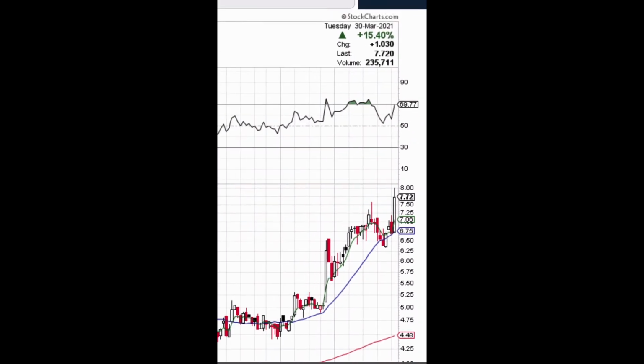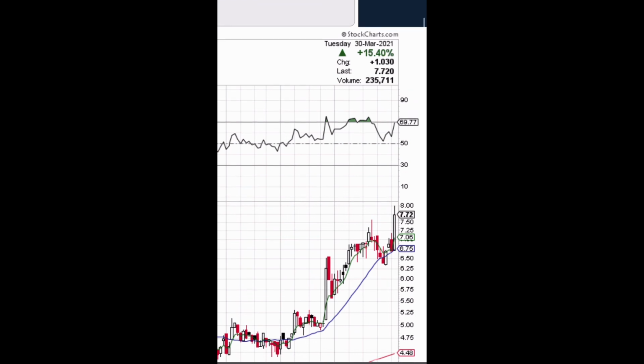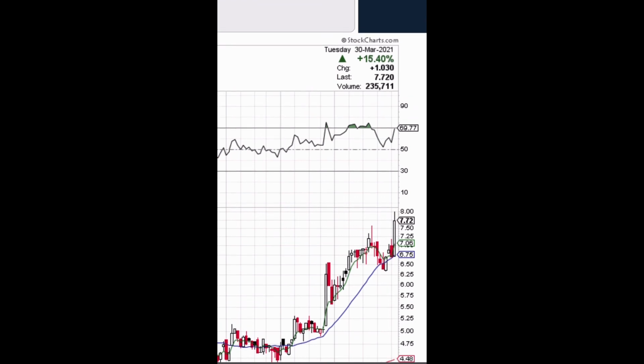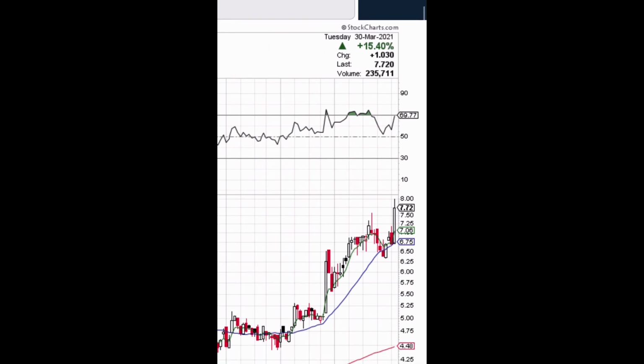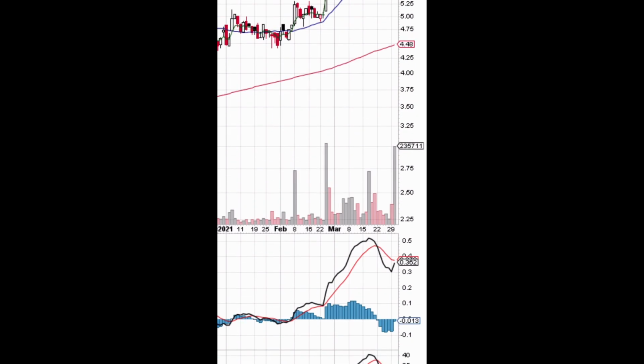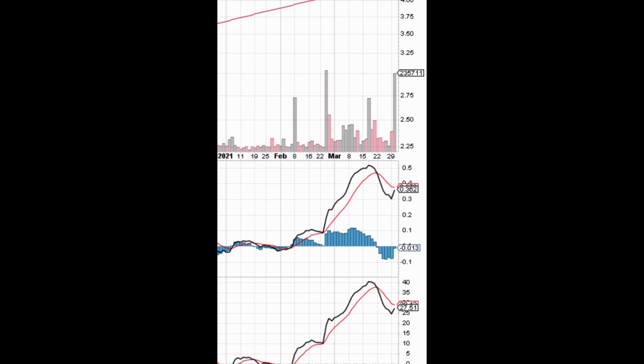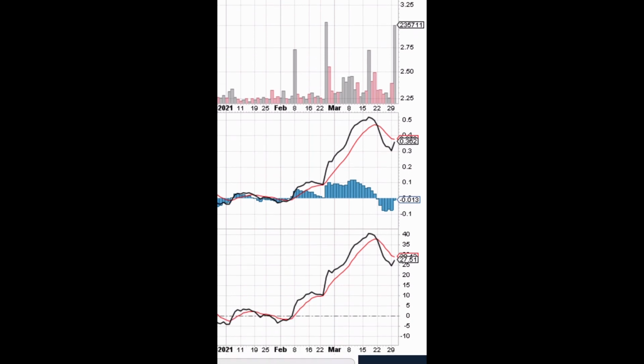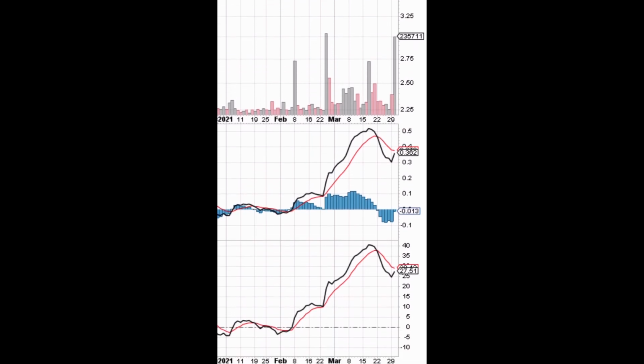So that is a 15% increase, right? That's at least 15%. We were looking for the close to be at least 15%, right? You can see that the RSI is getting pretty hot. And if you have your other indicators, you can see that the MACD line is getting ready to cross the signal, as is the TSI line.